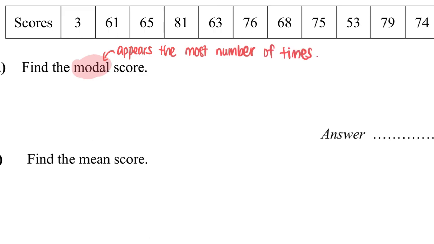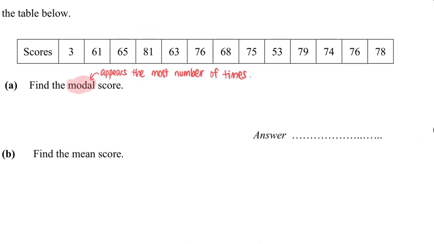Looking just by pure observation, I saw that 76 appeared twice, while the rest of the numbers only appeared once. So in this case, 76 is the score that appears the most number of times. It is the mode.